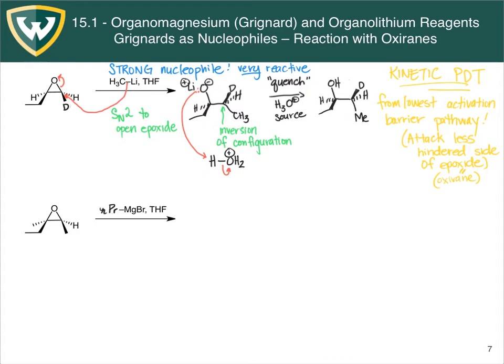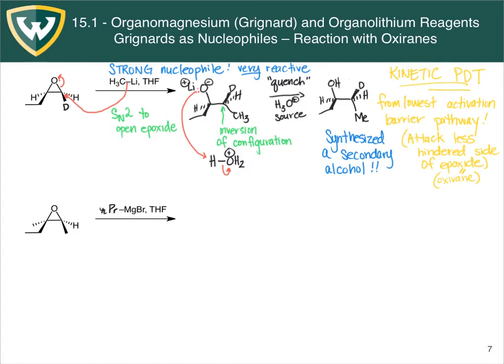Now you want to take note of what we made here. We have synthesized a secondary alcohol. Throughout the course, you're going to want to take note of how you can view the products of the reactions we do, so that if you're encountering a synthesis problem, you'll see the secondary alcohol and think, oh, I can make a secondary alcohol from opening an epoxide that is a terminal epoxide.